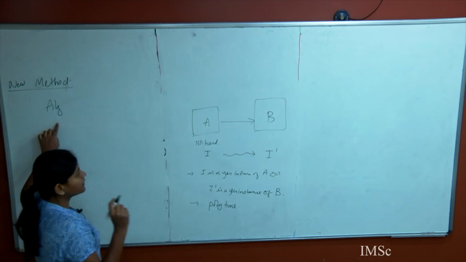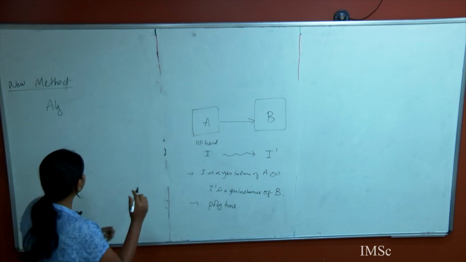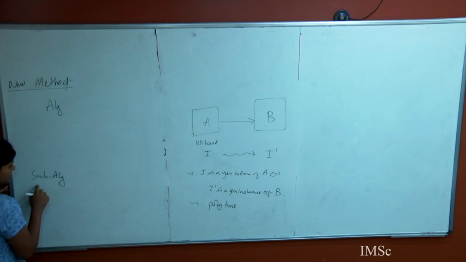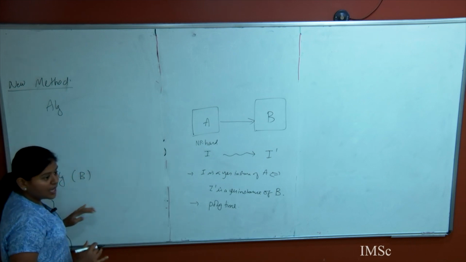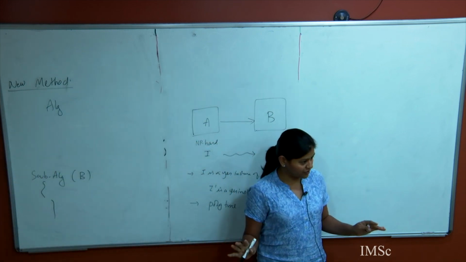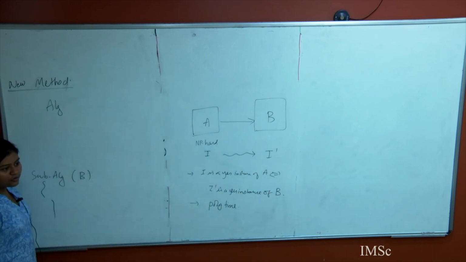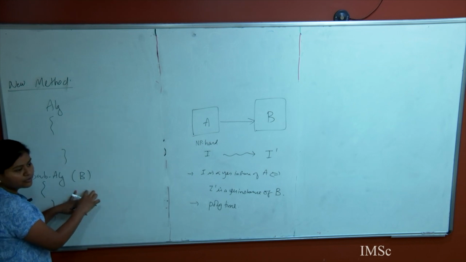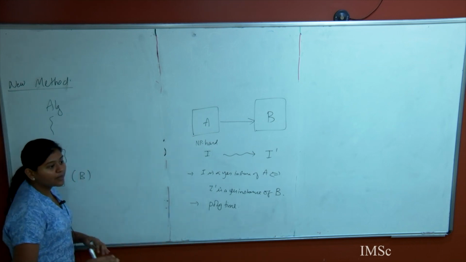So now let us look at a new method, which is an algorithm. This will be an algorithm for problem A. There is some subroutine, say sub-alg, and you guarantee that this is a polynomial time subroutine. Now what I do is, it may call this subroutine for B multiple times.